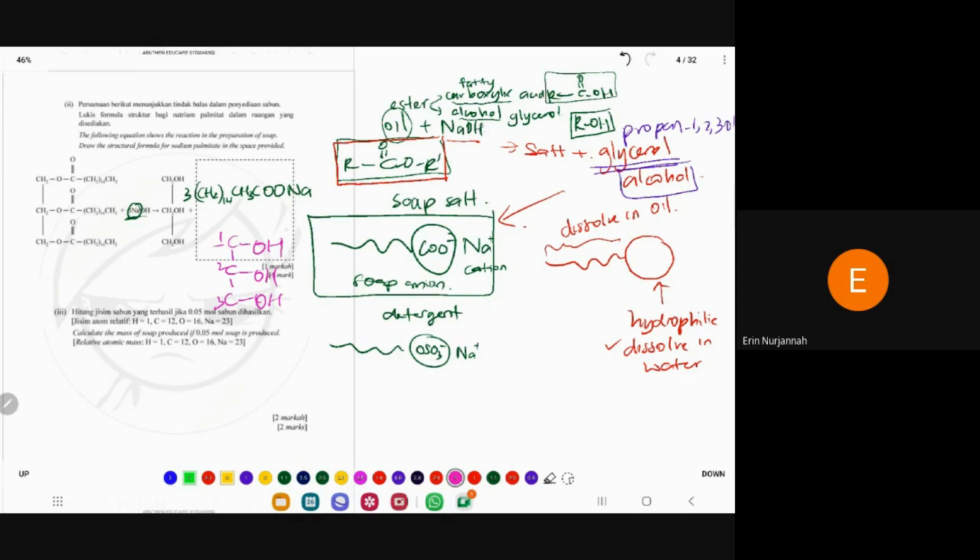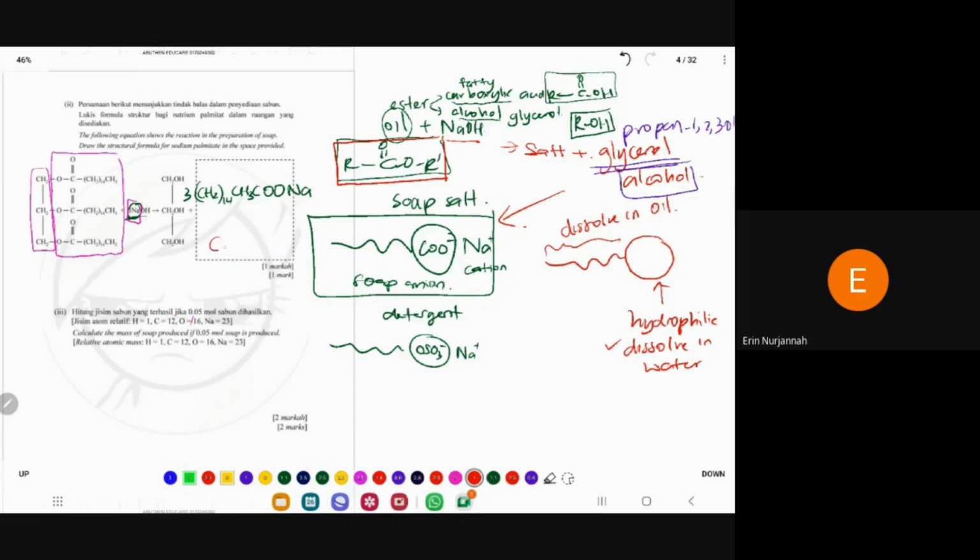But hold on, I have taken this just now to react with this. Okay, and then what about this? You go where? You go here. But anyhow, you are not required to know this, okay? You just need to know they produce glycerol only. Glycerol. Okay, but wait, this CH2.